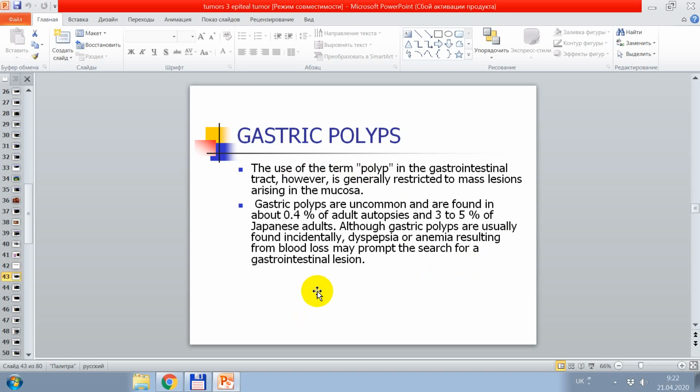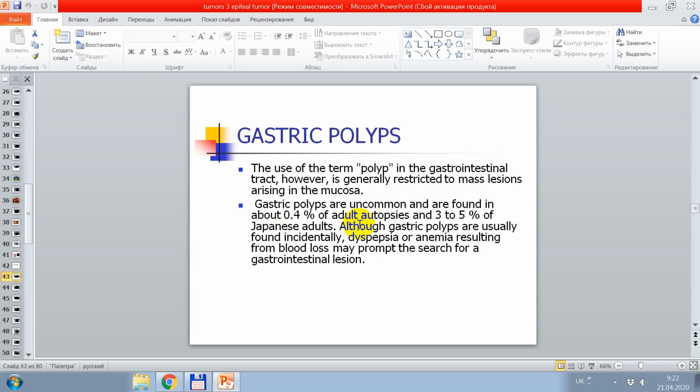Gastric tumors. Gastric polyps. The use of the term polyp in the gastrointestinal tract, however, is generally restricted to mass lesions arising in the mucosa.